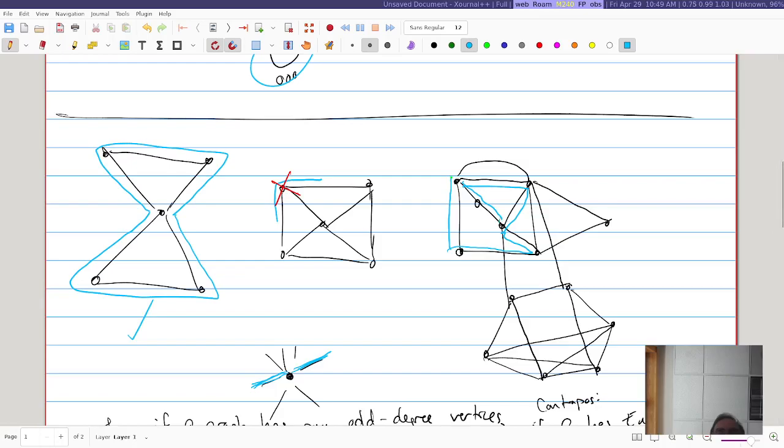There has to be an exit here, and then here, and then here, and now I'm stuck, right? The problem is that I didn't end up visiting every edge in the graph. So this can definitely happen. I'll definitely get back to where I started, but it's quite possible that I did not actually end up visiting every edge in the graph.